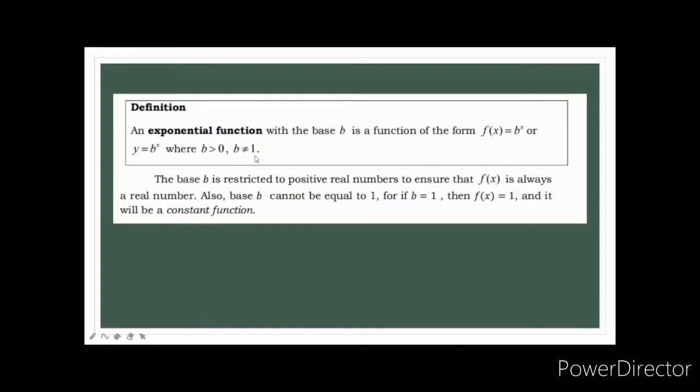The base b is restricted to positive real numbers to ensure that f of x is always a real number. Take note, positive real numbers but should not be equal to 1. Also, b cannot be equal to 1, for if b is equal to 1, then f of x is equal to 1 and it will be a constant function.